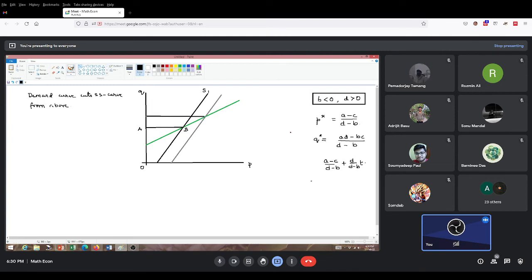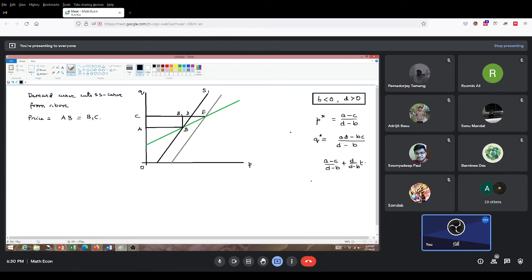Let us label this as CDE, and just for comparison's sake, I'm going to call this B1 over here. Okay, so this point is B1. The original price is AB, which is equal to B1C.